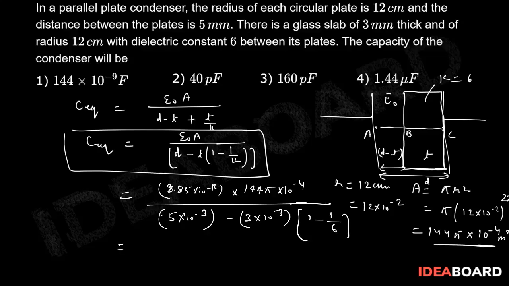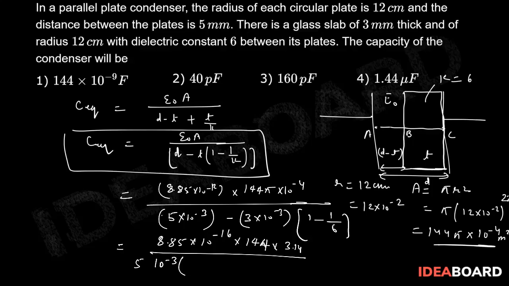So we get 8.85 into 10 to the power minus 16 into 144 into 3.14 divided by 5. So we can take 10 to the power minus 3 common. This will be 5 minus 3 into 1 upon, this will be 5 by 6. So 5 we can take common.